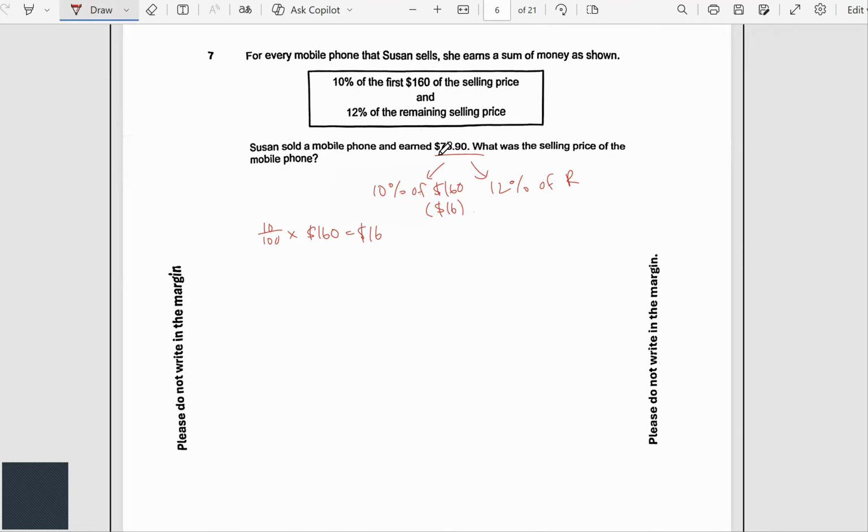But she earned a total of $76.90. So the remaining amount that she earned will be $76.90 minus 16, which is $60.90.